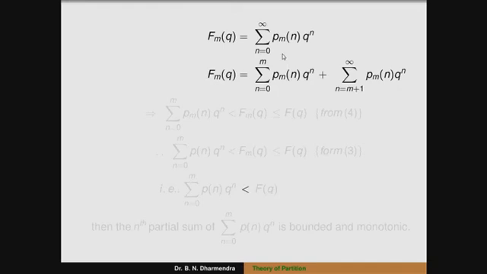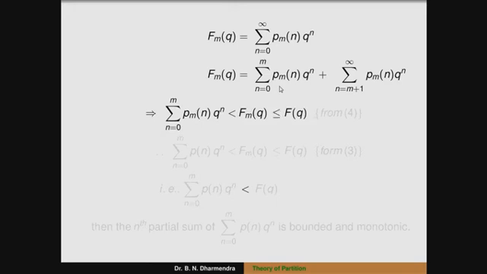This first one is the nth partial sum of the series. Definitely the first part on the right hand side is less than or equal to f suffix m of q. You know the value of f suffix m of q is less than or equal to f of q.